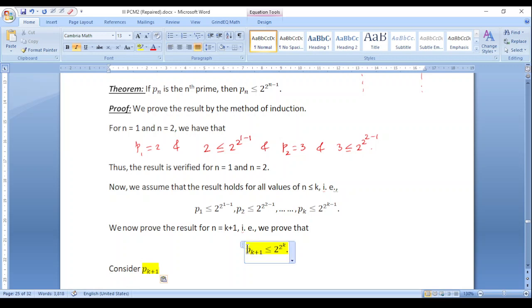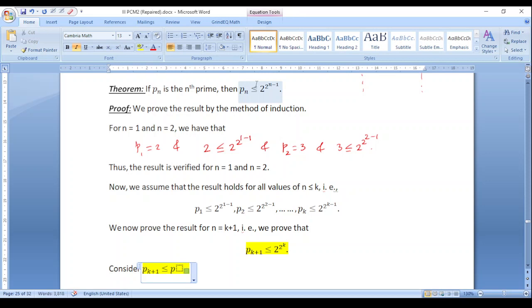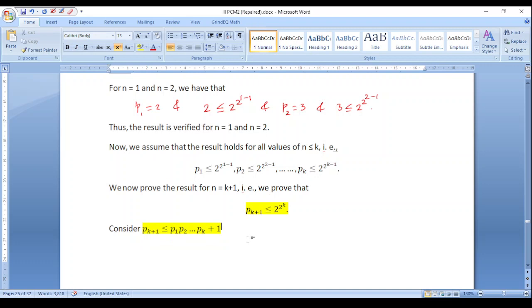Now, according to an expression that we got in the previous theorem, we can see that pk plus 1 is going to be less than or equal to p1, p2, etc., pk, plus 1. Okay, so this automatically happens because of the previous theorem.